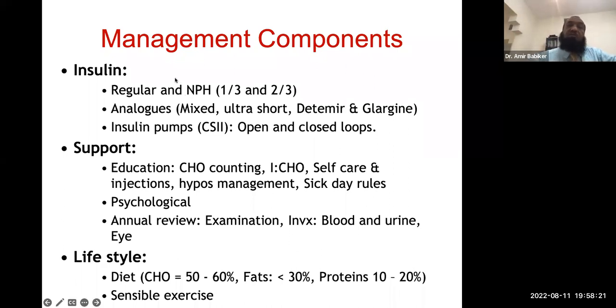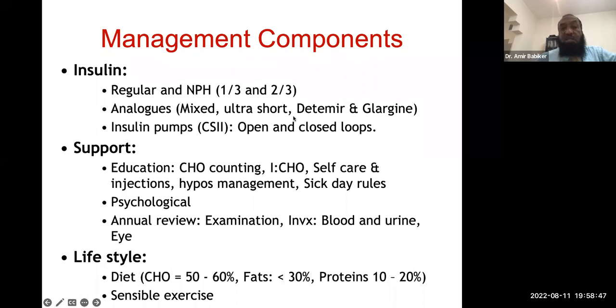It's called Mixtard. Regular is also called Actrapid if it is prepared in a pen. So Actrapid and NPH is Mixtard 30. The Novomix 30 is the Novorapid with NPH, so it is long or intermediate acting.